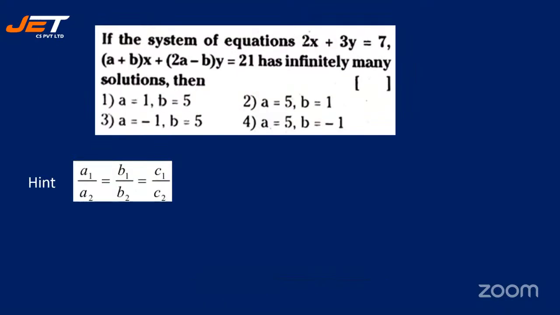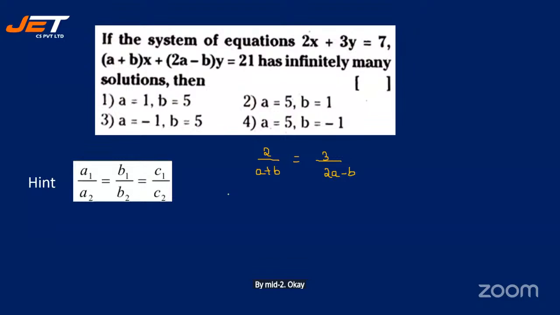See the next question. If the system of equations 2x plus 3y is equal to 7, and a plus b into x plus 2a minus b into y is equal to 21, has infinitely many solutions, then a1 by a2 is equal to b1 by b2.